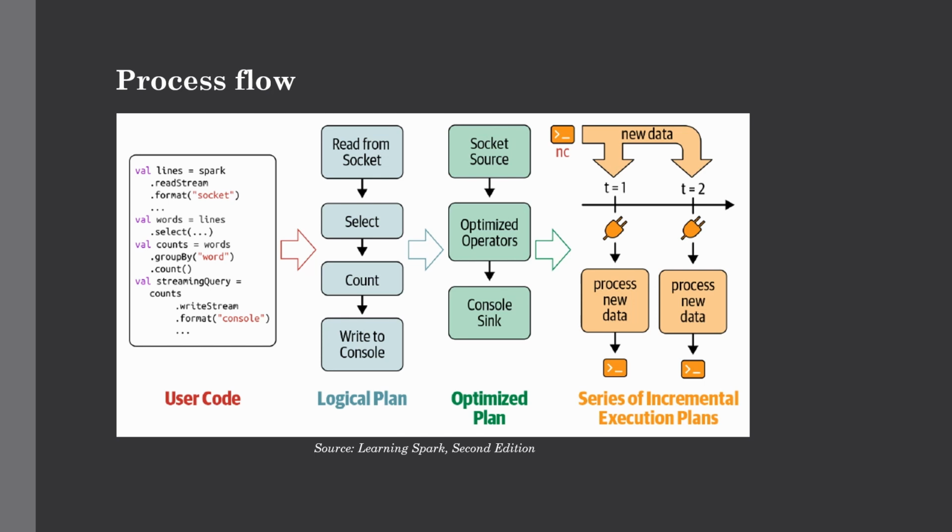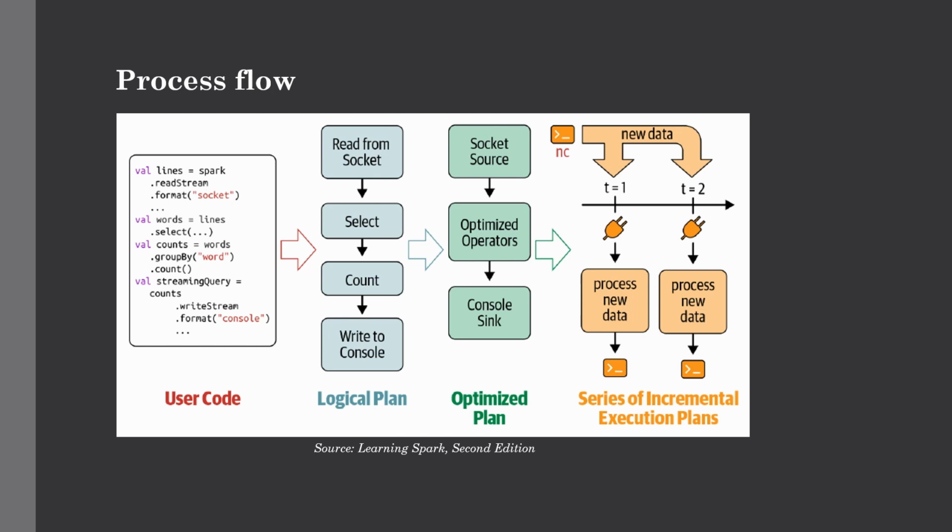It was pretty simple. As you can see in this figure, the user code, which was our word count code that we executed in the last lecture, got converted into a logical plan. This logical plan is then further optimized, and a series of incremental execution jobs are submitted on the Spark cluster in a parallel manner, and it processes the micro batches of data.